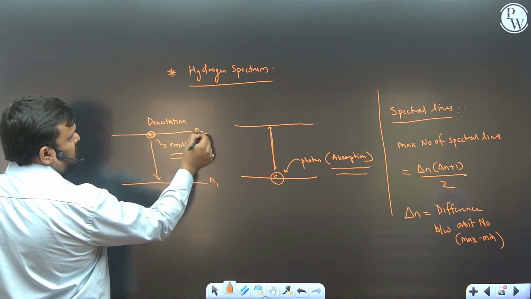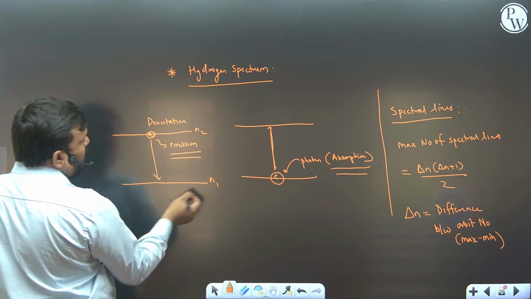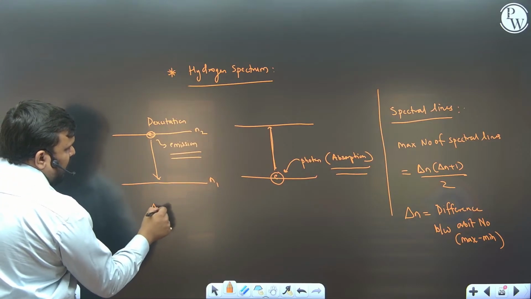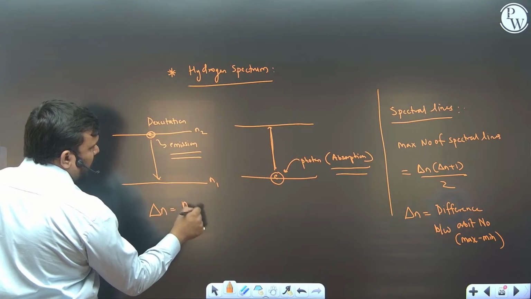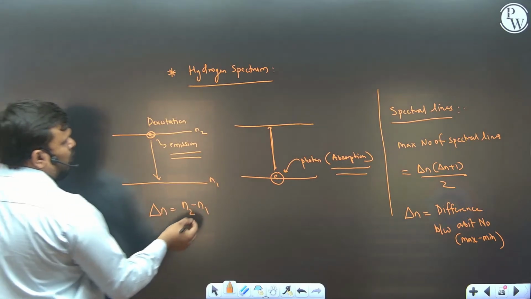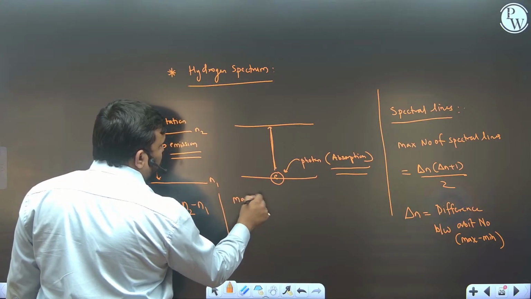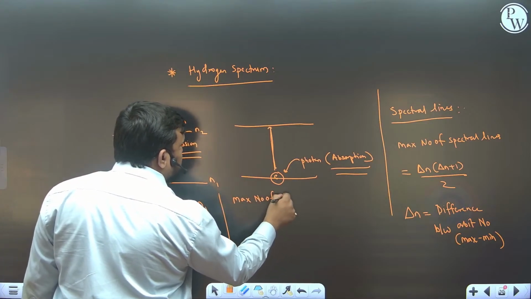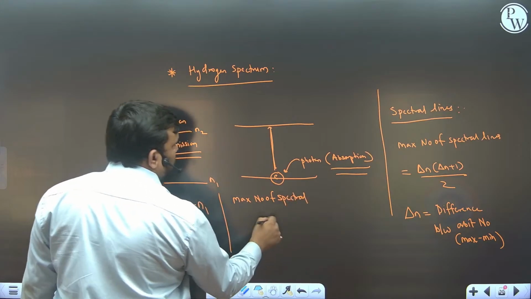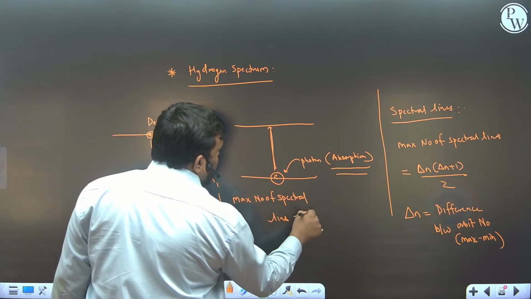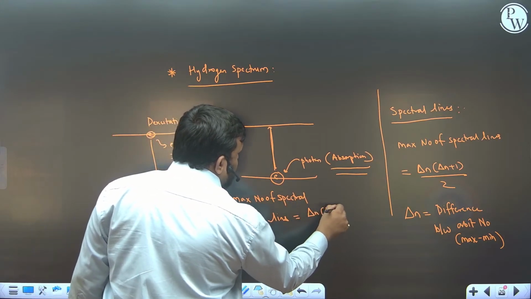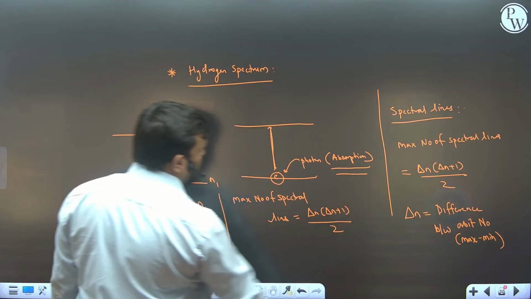This is the highest orbit number, this is the lowest orbit number. So we can have delta n over here. Delta n will be n2 minus n1. So we can calculate the maximum number of spectral lines: delta n into delta n plus 1 divided by 2.